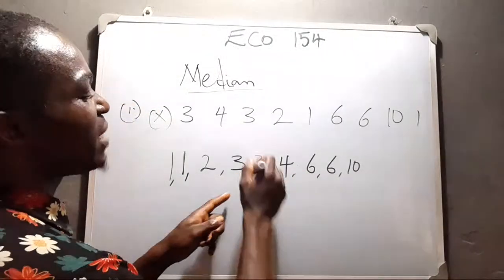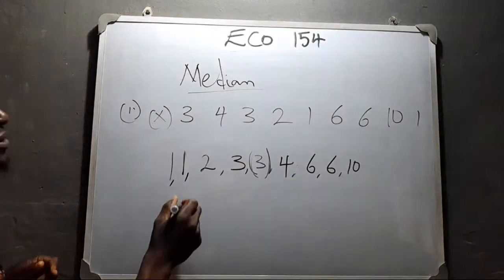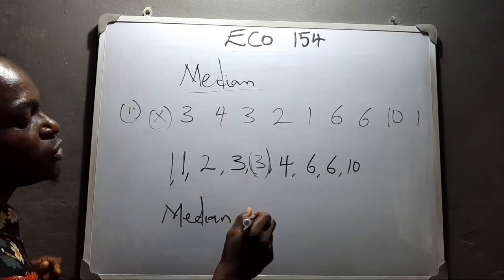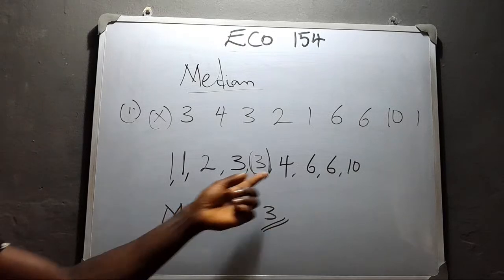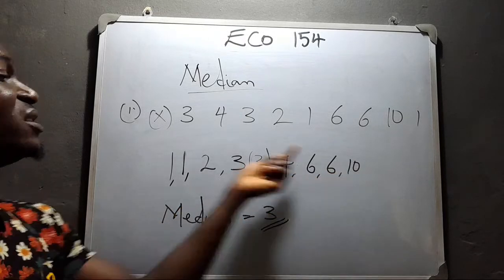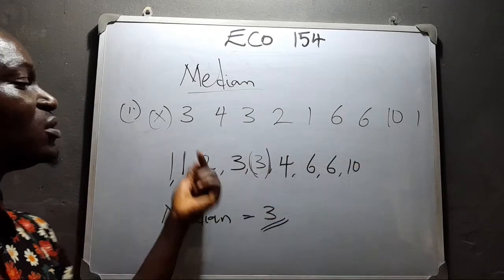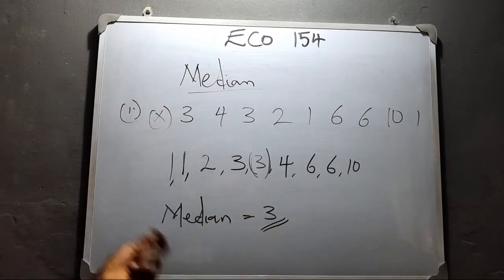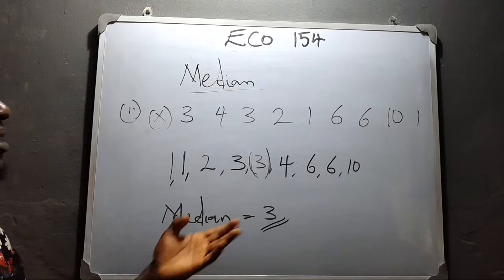So the middle number now is 3, which simply means our median is equal to 3. So we are using 3 to represent this distribution. It's a form of average. The average of this distribution is 3, which is the middle number, and that is the method of measuring a central tendency by using the median method.